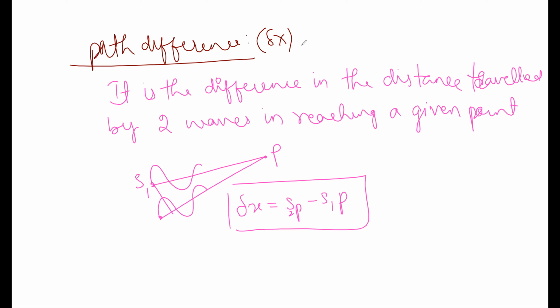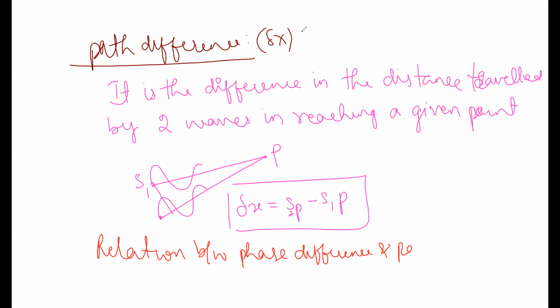So it is the difference in the distance traveled by two waves in reaching a given point. Therefore, the relation between phase difference and path difference is given by the formula.